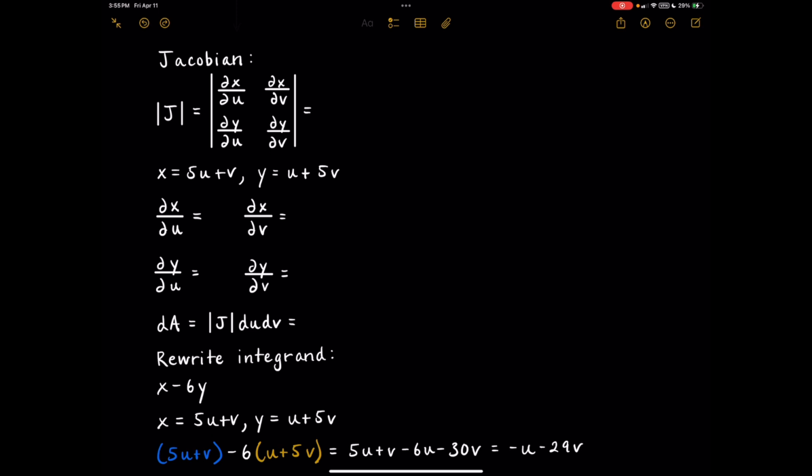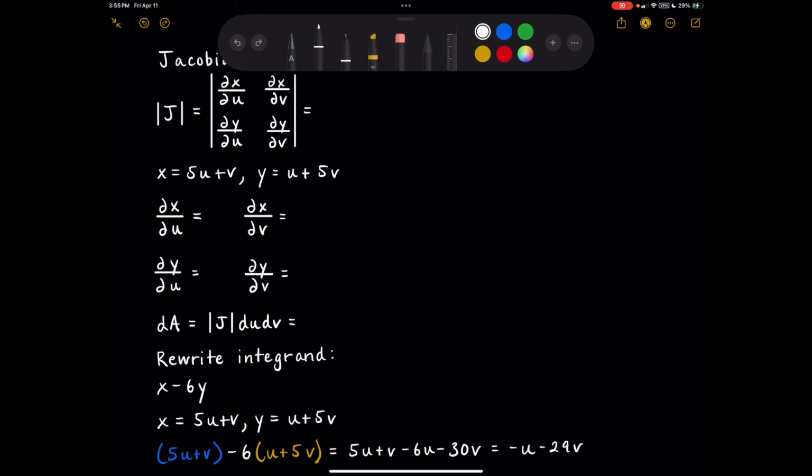So the partial of x with respect to u, well, when we do the partial of x with respect to u, we hold v constant, so that will go to 0, and the partial of x with respect to u, that's just going to be 5, because the derivative of 5u is 5. Now we do it the other way around, where we hold u as a constant, so 5u goes away.